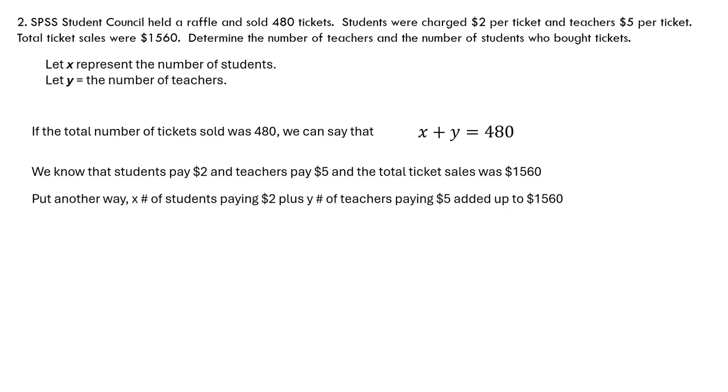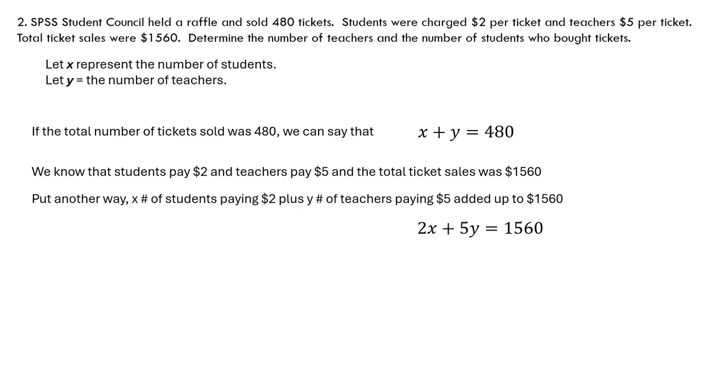So we can say something like 2x plus 5y equals 1,560. So x, the number of students paying $2, plus y, the number of teachers paying $5, adds up to 1,560. Another way of stating the problem, the equation still is 2x plus 5y equals 1,560.